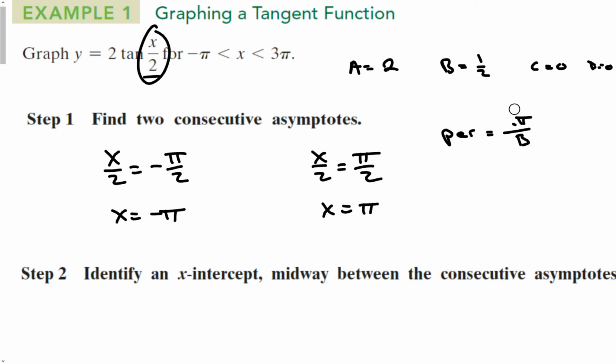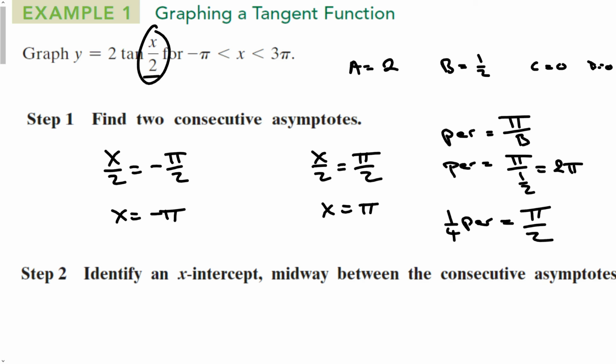The period of tangent starts with pi. So the period formula changes a little bit for tangent, and we get pi over b. So my period is going to be pi over 1/2, which gives me 2 pi, which makes 1/4 of the period equal to pi over 2.